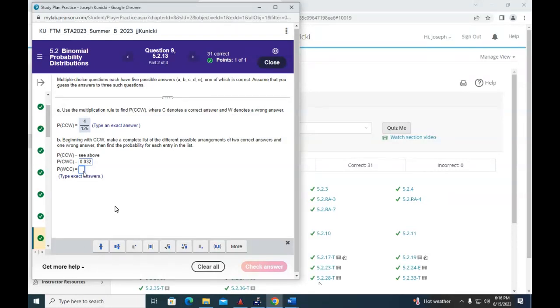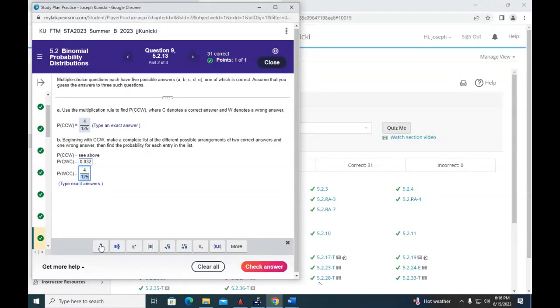This is just like boys and girls, only instead of being 50-50, it's 1/5, 4/5. But when you have only 2 outcomes for each of 3 trials, you have 8 total branches. Just like boys and girls, only the probabilities are different. Same tree. All right, so 4 over 25.